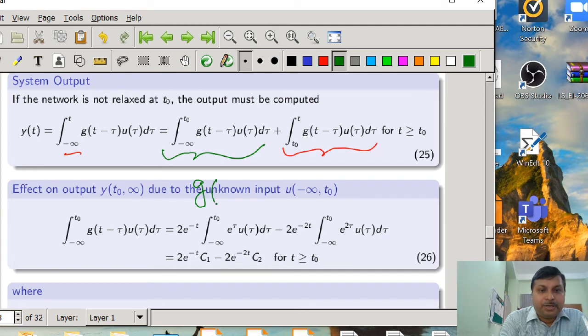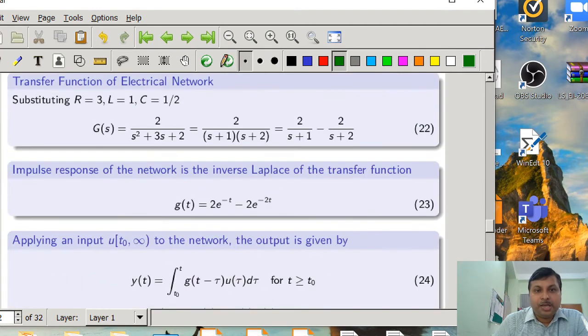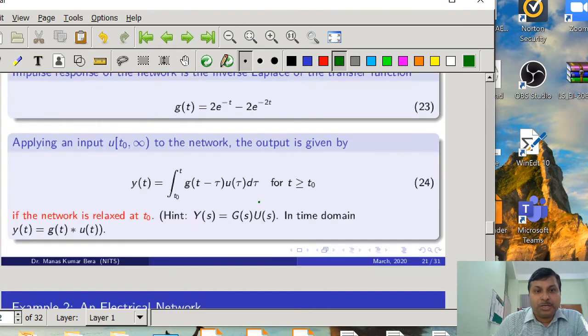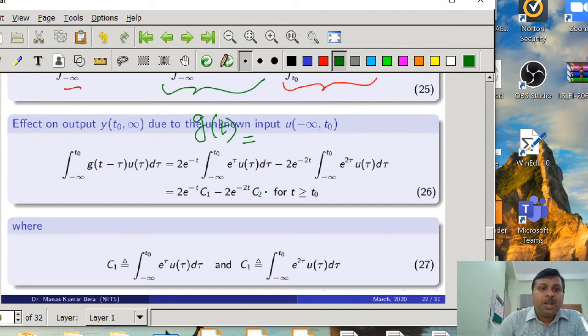What is g(t)? We have calculated g(t), from the earlier expression, equation number 23: 2 into e to the power minus t, minus 2 into e to the power minus 2t. So we have computed g(t minus tau), and the final expression is 26, where c1 and c2 have been defined.